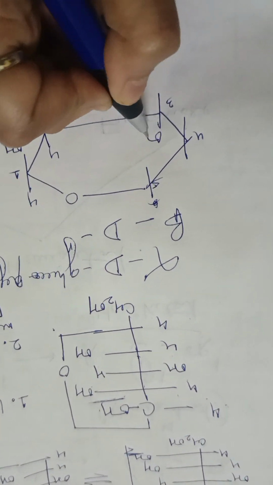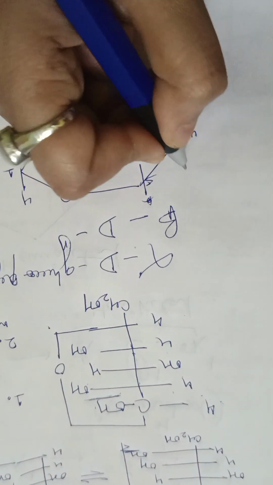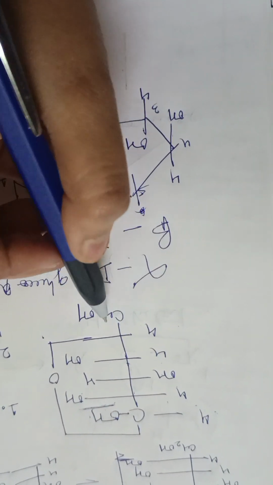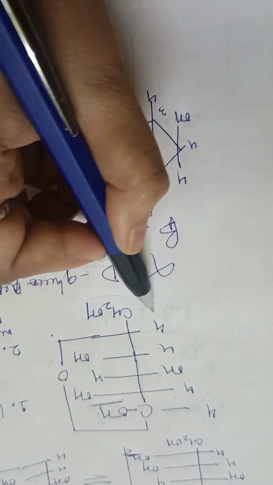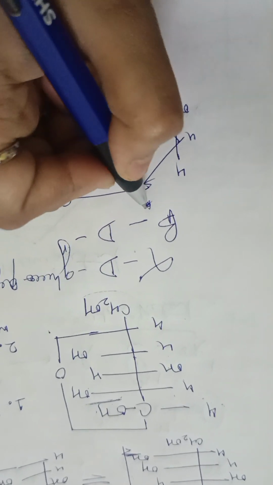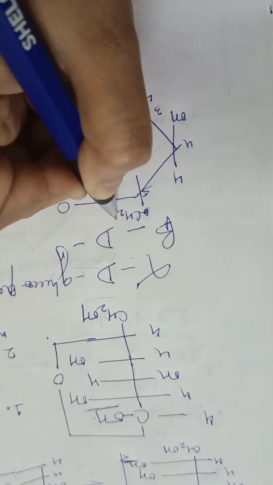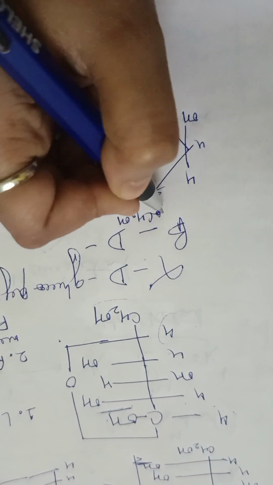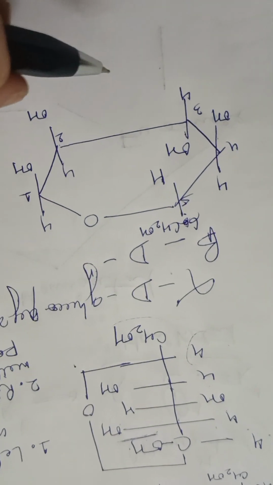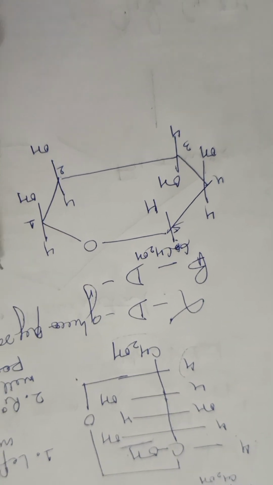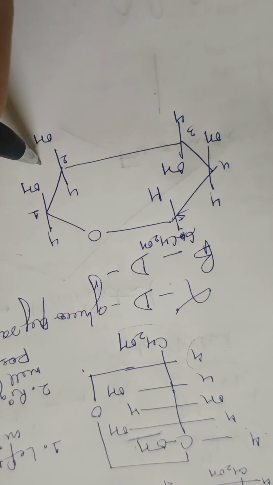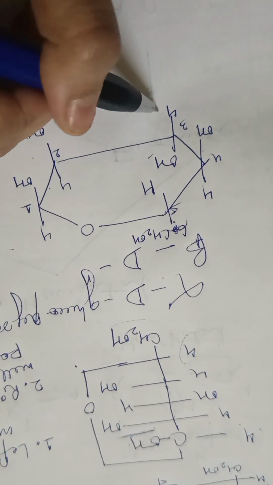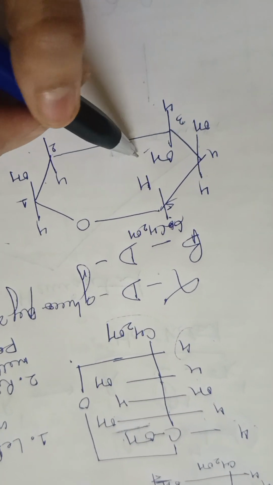OH, H. OH, H. H, OH. Now your question comes: between this and this, put the bulky group on top, so CH2OH, and the light one in the bottom. So this way you have completed this structure. Understood? OH, H, OH, OH, H, HOH, CH2OH.